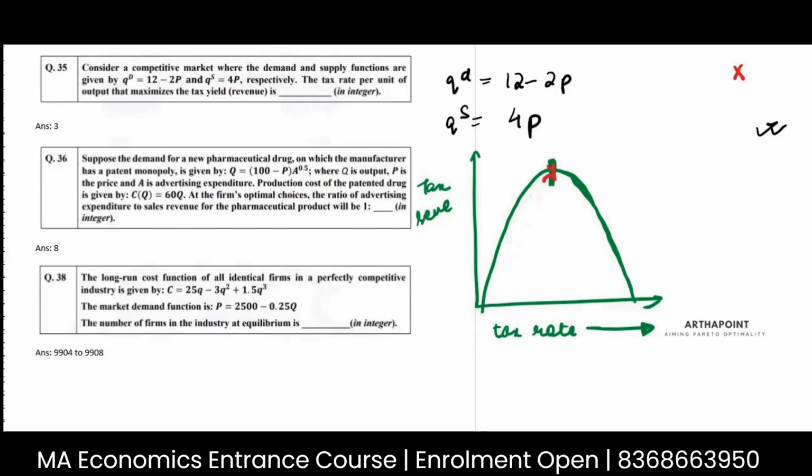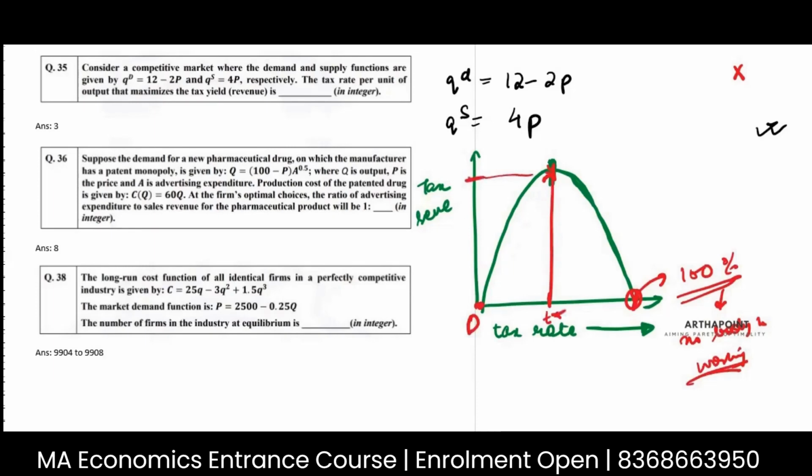And this means that zero revenue is collected even when there is a very high tax rate, maybe something like 100%, because nobody is working. And if nobody is working, no revenue is collected. So here tax rate is 0, here tax rate is maximum, but here this tax rate maximizes the tax revenue.